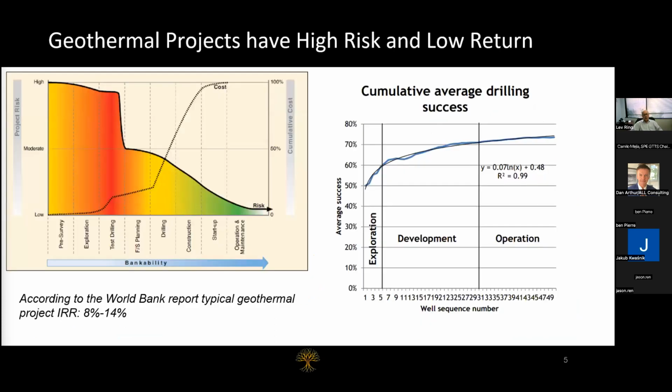Another problem with the conventional hydrothermal business is that it has a very high upfront risk profile. And if you look at the success rate, it's not very high, or actually it's low. And so from an investment standpoint, it's in general not an attractive business. There are, of course, exceptions.